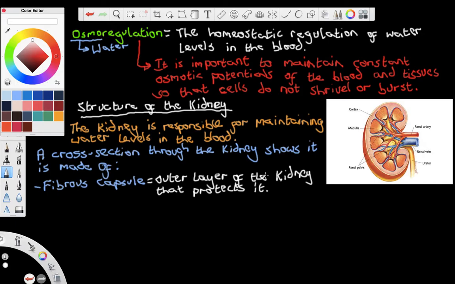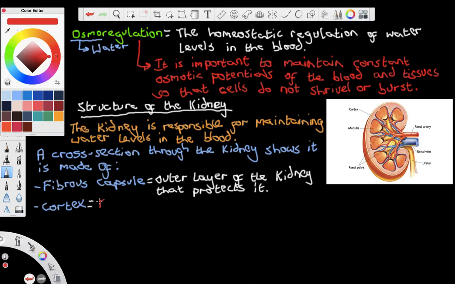We've got the cortex, which is always the lighter coloured outer region, which I'm going to put in red so that it stands out.